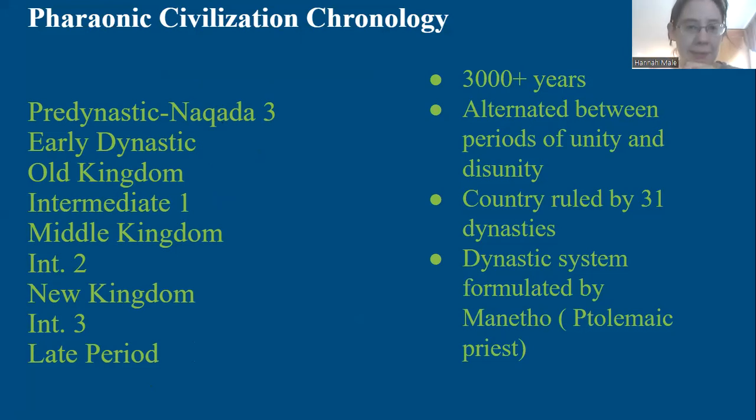In the Neolithic period, which starts in what's called the pre-dynastic, when you get to Naqada 3, that's when you basically have the beginnings of state formation. And then the state is unified. The details of that process are still being debated. And that gets you to the early dynastic period.